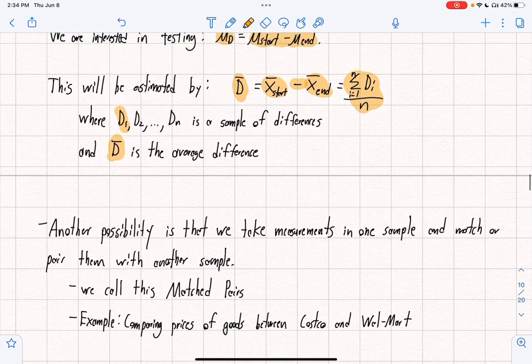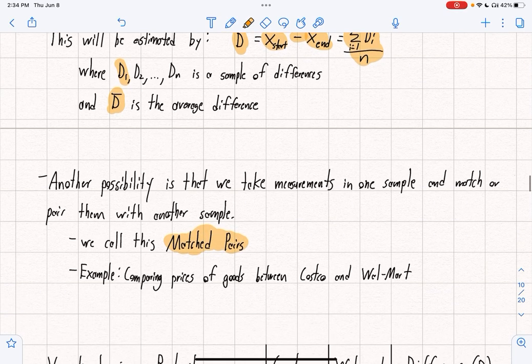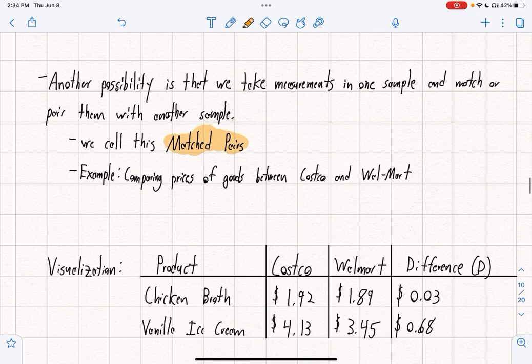But another way we could do this is we just take measurements in one sample and pair them with another sample. And we're going to call that matched pairs. I think the easiest way to visualize this is to just look at an example. So comparing prices of goods between, say, Costco and Walmart. Here, what we're doing is pairing up the price from Costco and Walmart for individual items.